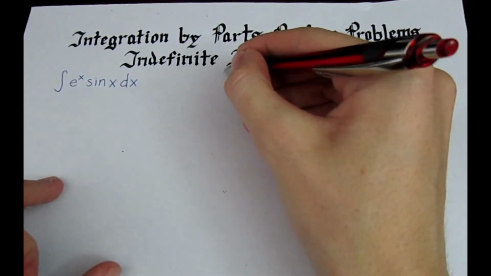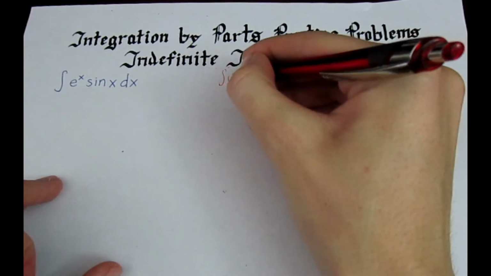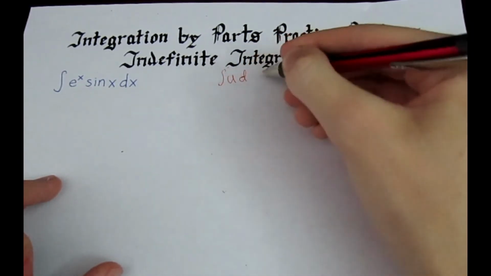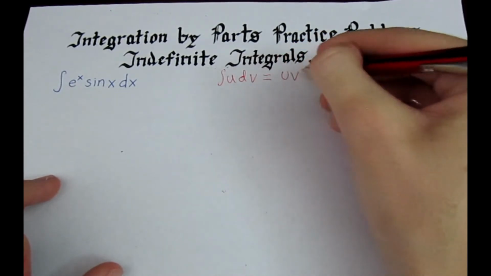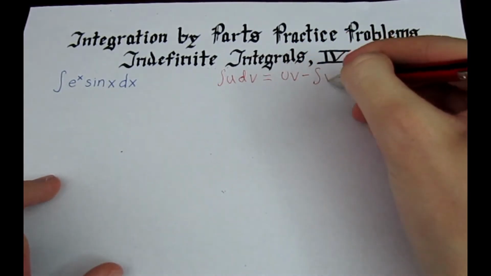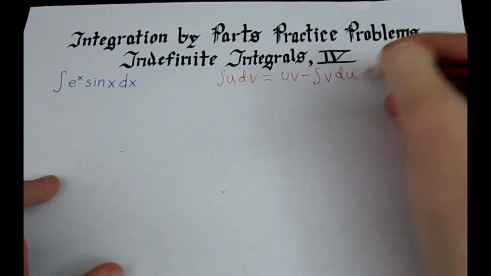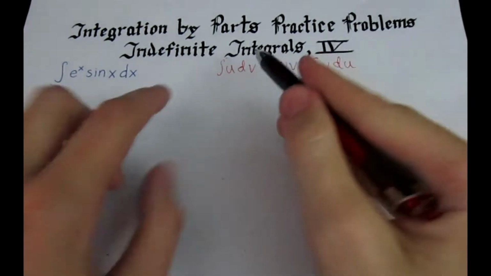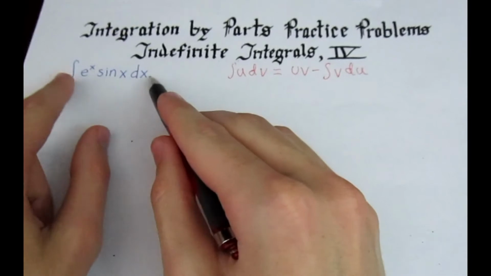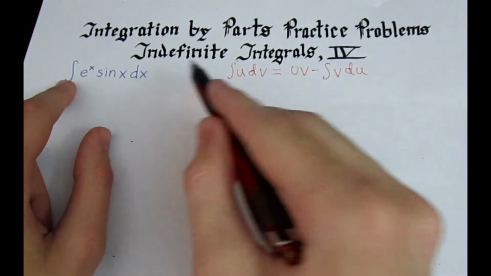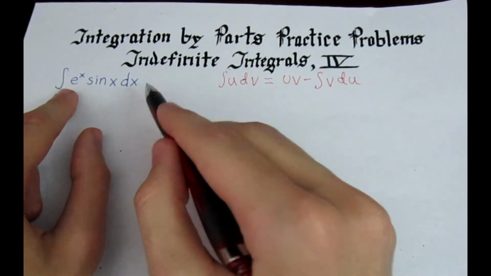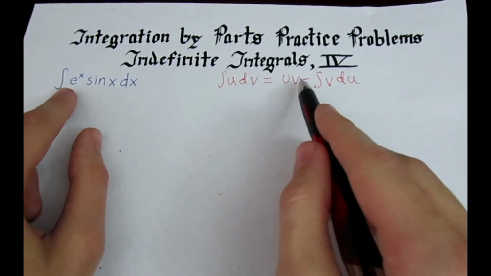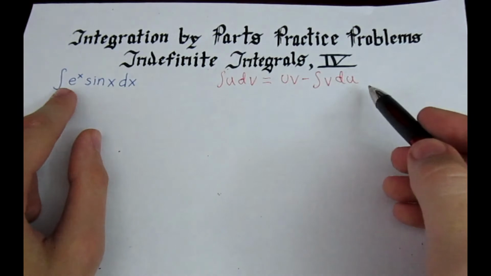The formula, which I derived in a previous tutorial, says that the integral of u dv equals uv minus the integral of v du. So this u dv is the integrand right there, and it's going to equal uv minus the integral of v du.